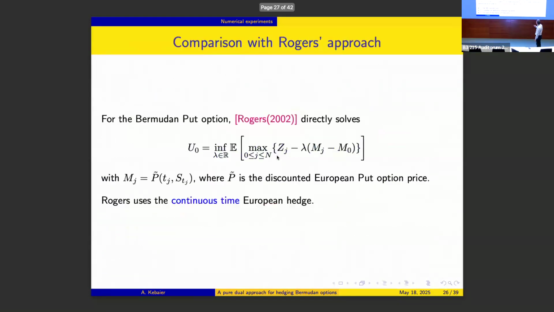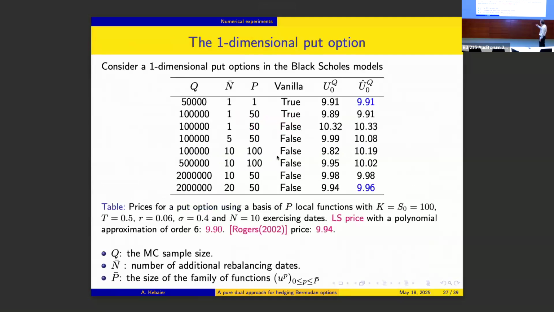Sorry. Yes, this one. This is what it says: if you allow yourself to use vanilla, then you don't need to really refine too much, and maybe including transaction cost has no effect. So this is kind of a perfect hedge.